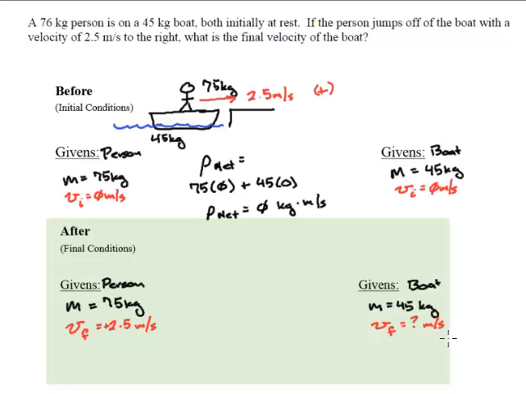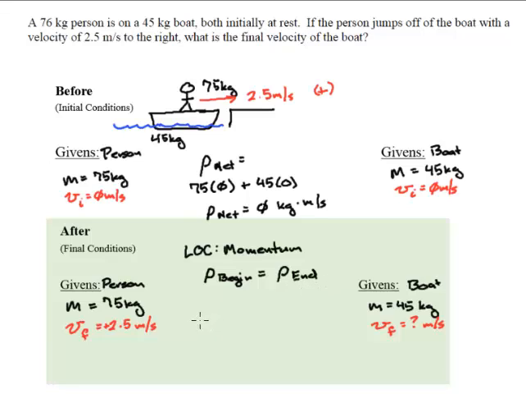The only thing I know is that the net momentum in the end has to equal the net momentum in the beginning, and that is the law of conservation of momentum. That says that the momentum in the beginning must equal momentum at the end.